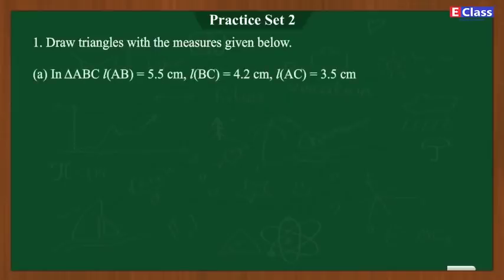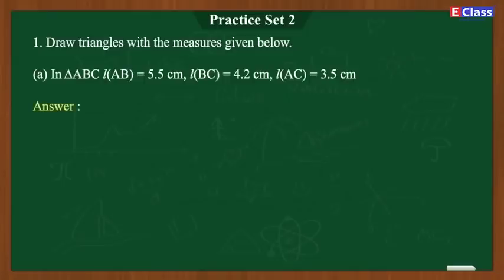A. In triangle ABC, length of AB is equal to 5.5 centimeters. Length of BC is equal to 4.2 centimeters. Length of AC is equal to 3.5 centimeters.